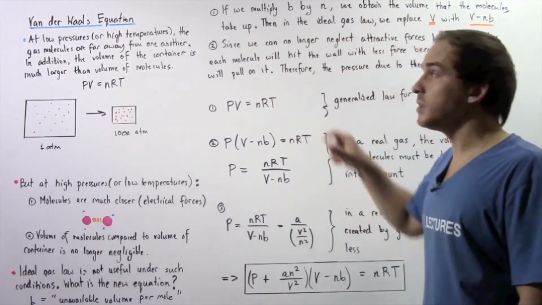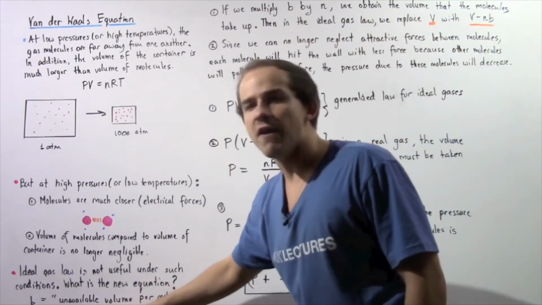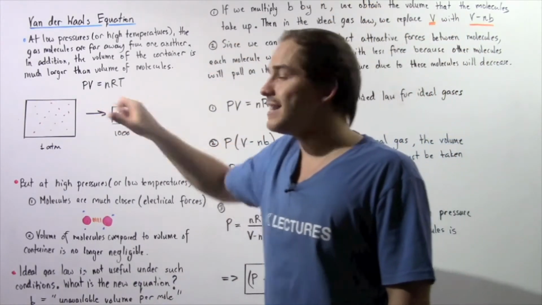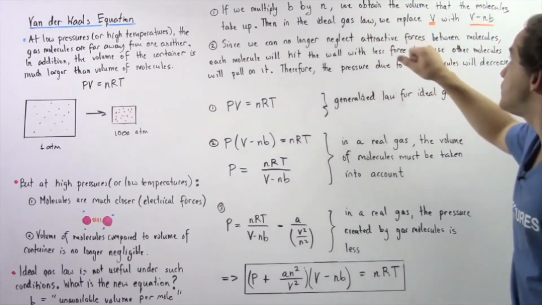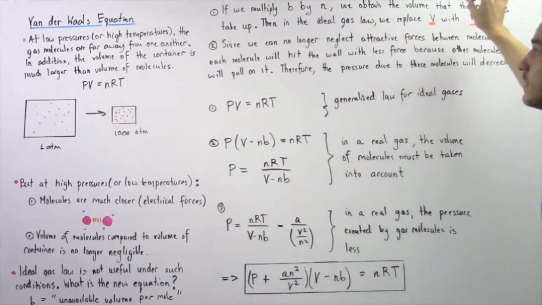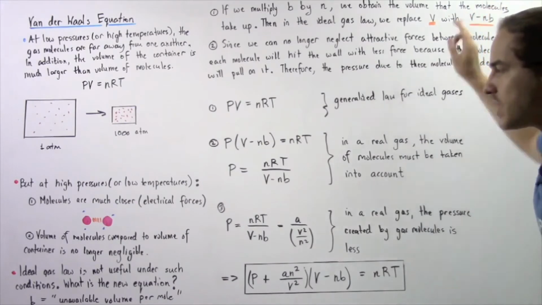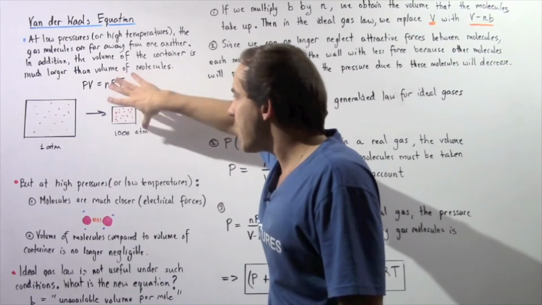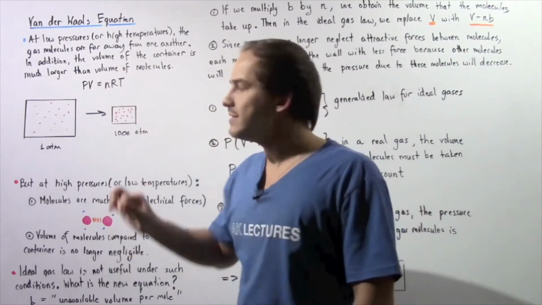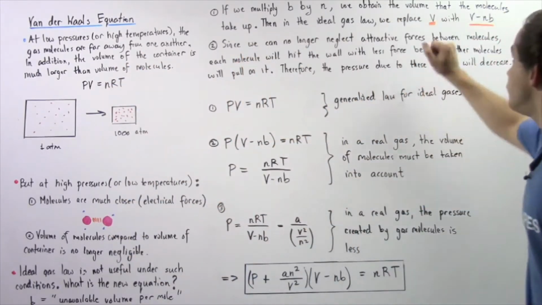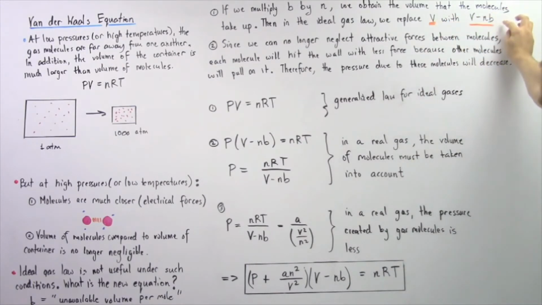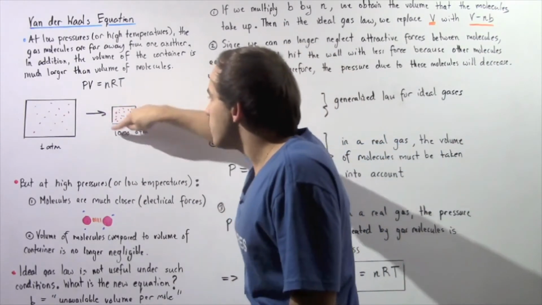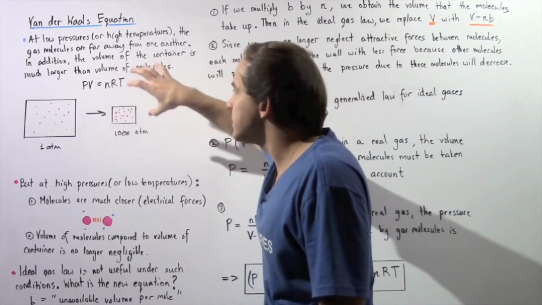So if we multiply b, the unavailable volume per mole, by the number of moles of real gas in our system, we obtain the volume that the molecules actually take up. And if we want to determine the volume of the empty space inside our container, we simply take V and subtract nb. So V minus nb is the volume of the empty space inside our container.